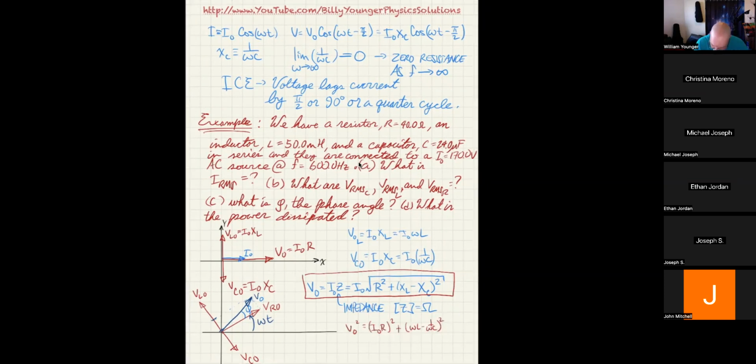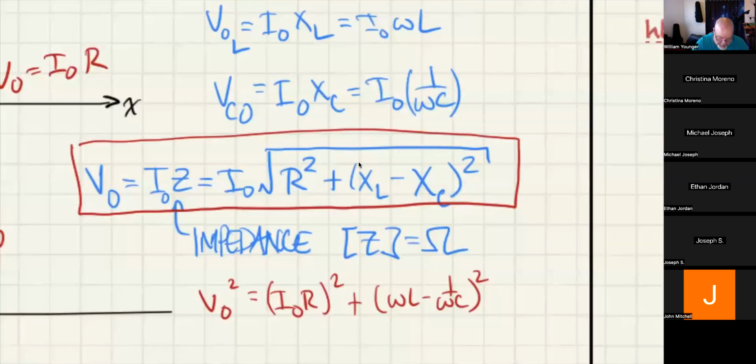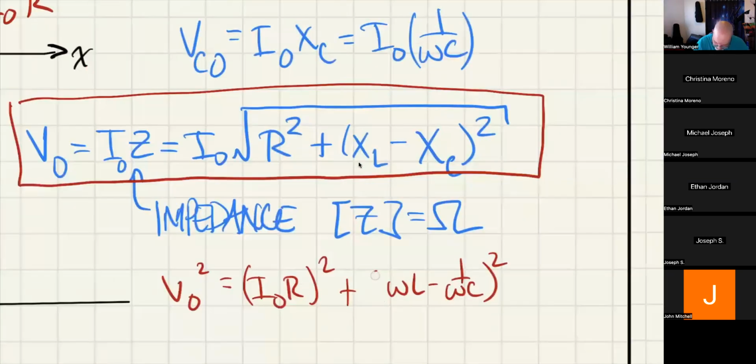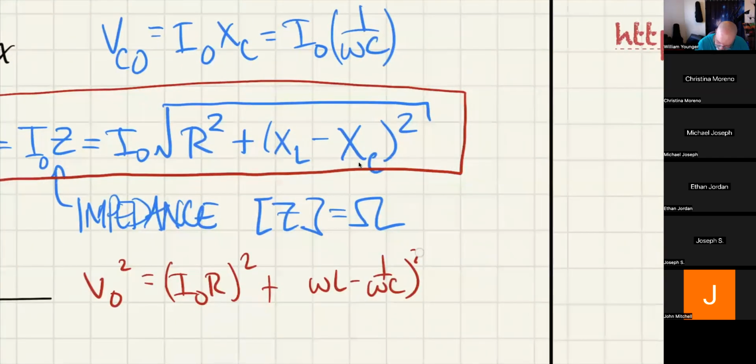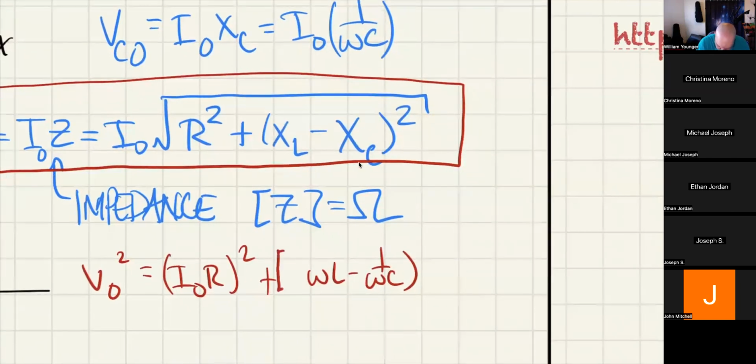I left off the I0. Let me make this a little bigger. Let me kill this, move this over here, put a square bracket right here, make I0 right here, and put the exponent of 2 there.